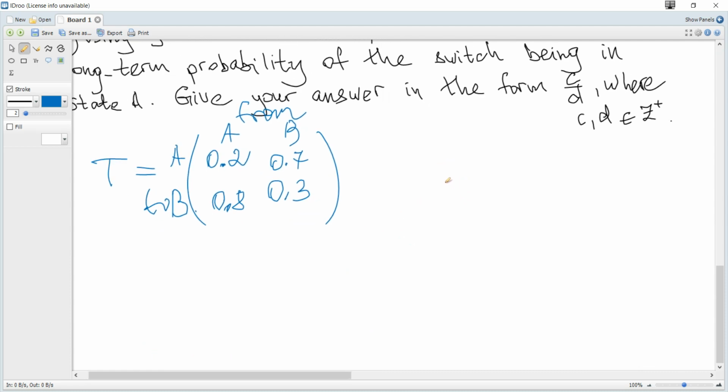And this transition matrix multiplied by the initial state vector gives the next state vector, and this vector is in terms of probability.